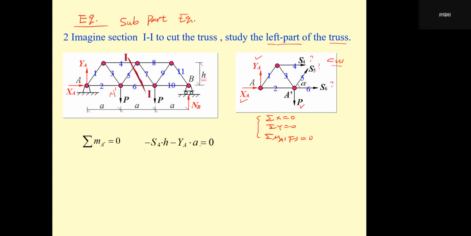Then we can easily find S4, because we know the value of YA. So S4 changes from unknown into known, and we only need to find S5 and S6. We have used one equation, and we have two equations left. So we give sigma y equals 0. Let us give this equation together. We have YA here.